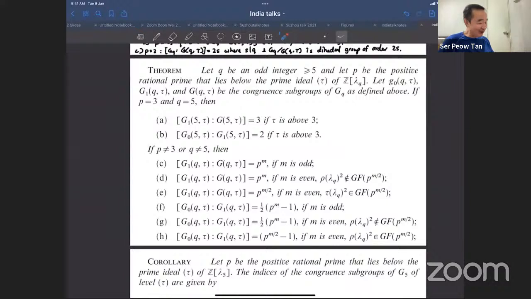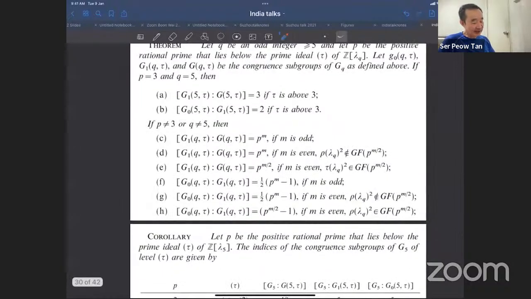For now, it's sort of pointless staring at these results. This is just some kind of classification theorem which you have to go through. The proof comes from understanding the structure of the special 2x2 linear groups over these finite fields.